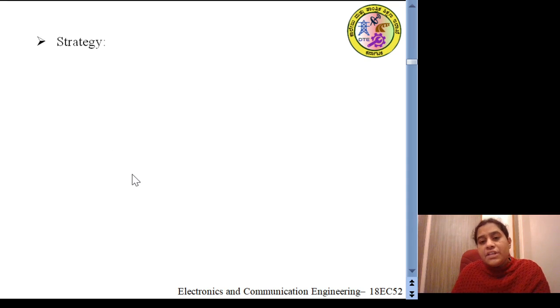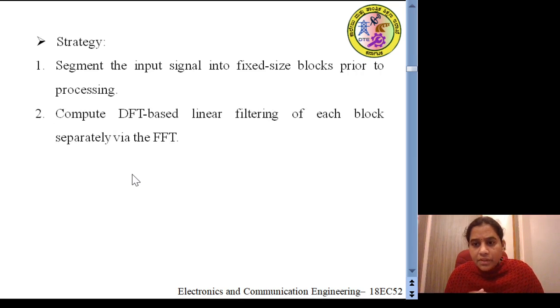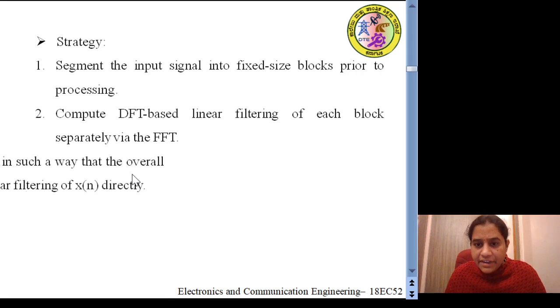So the strategy we are going to make use of here is segmenting the incoming signal, that is x of n, into fixed size blocks before processing it. Then we consider each block of data separately, and compute DFT-based linear filtering using FFT.